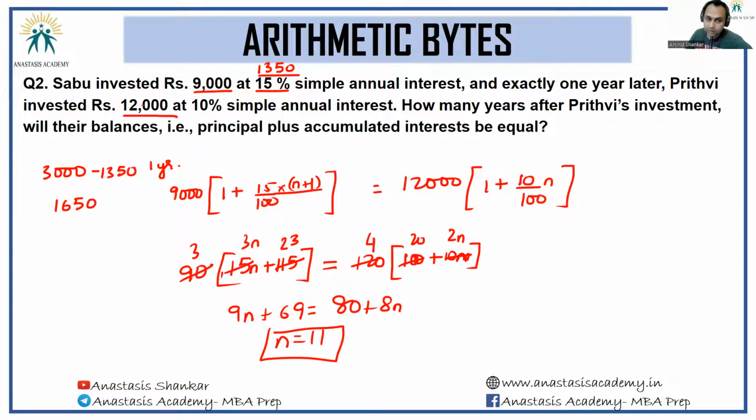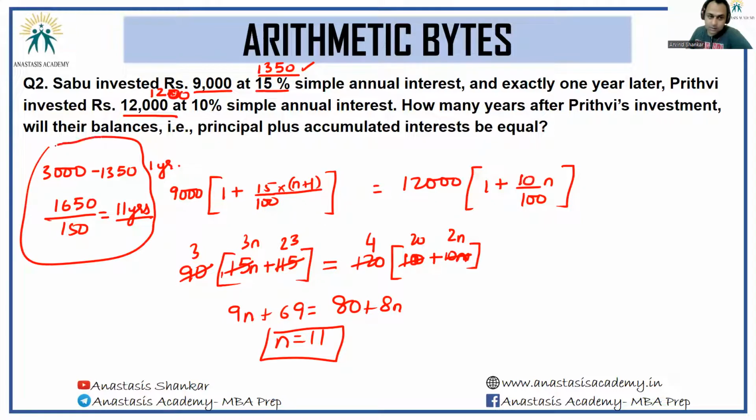Now from second year on, this person starts getting 1200 as interest. So effectively, this person is closing down the gap at the rate of 150 only. At the rate of 150, a gap of 1650 gets closed down. So it will take 11 years to close down the gap, and therefore the answer would be 11.